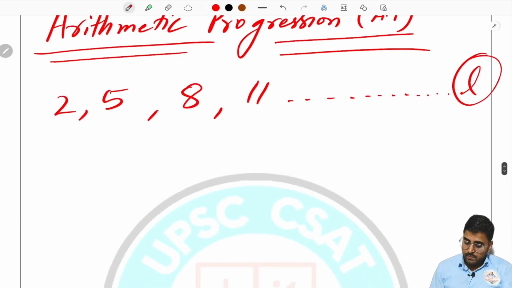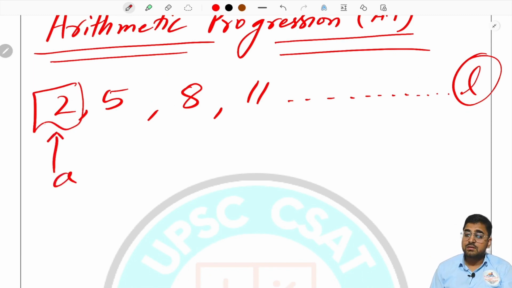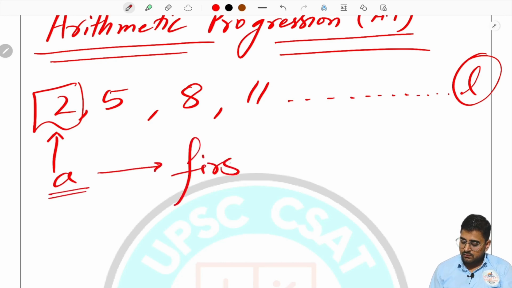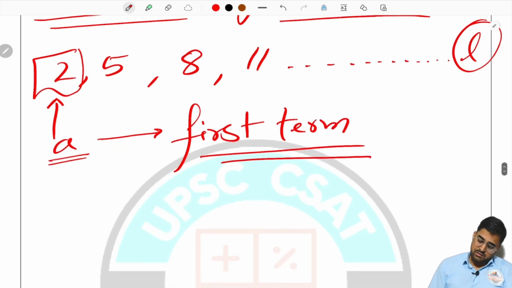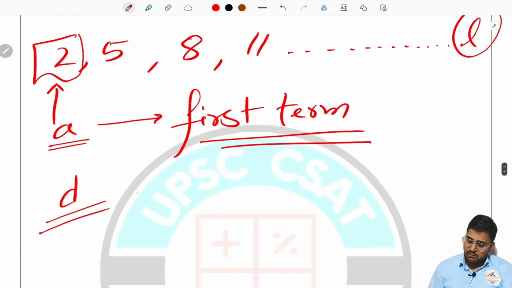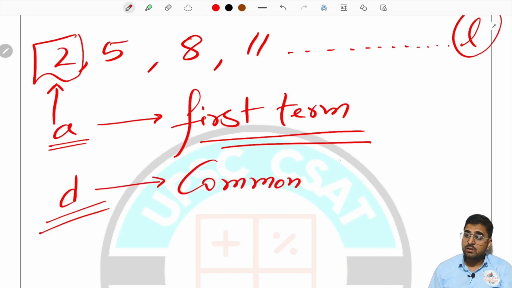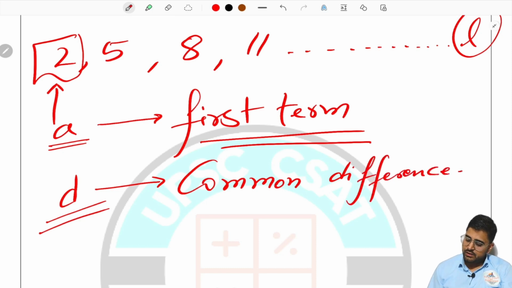So arithmetic progression is basically a series where A is the first term. Then there is another thing called D. D is the common difference. What is the meaning of common difference here? A difference which is common in the whole number series.